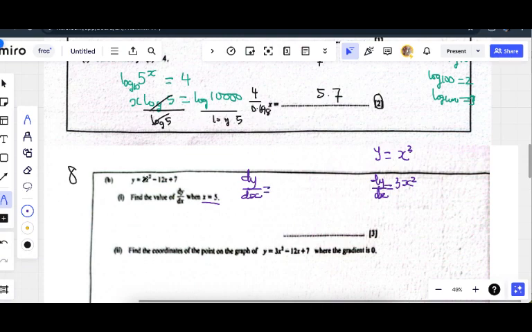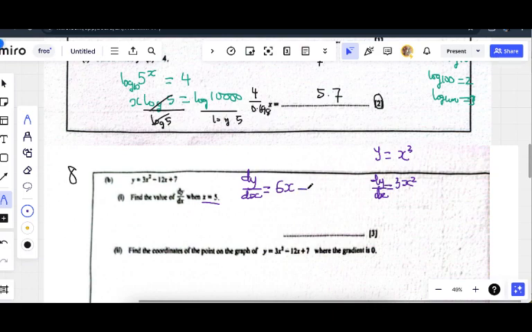Bring the 2 to the back and multiply it with this 3, it becomes 6. 2 times 3 becomes 6x. Since the original power is 2, you minus 1. So 2 minus 1 is 1, so we only have 6x.